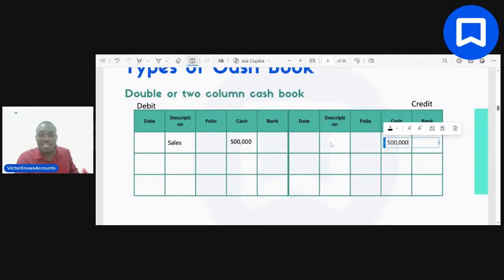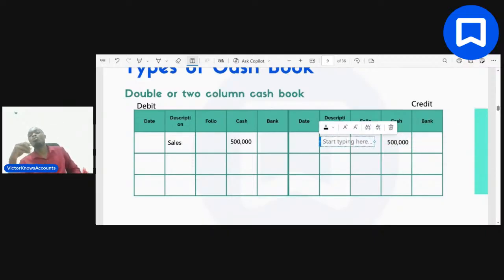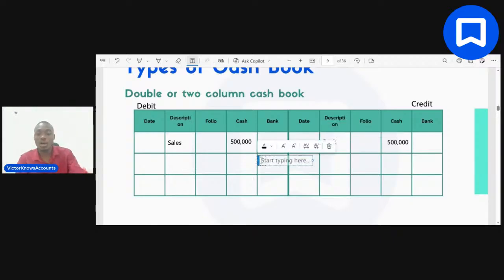Now, don't forget our description explains where that money is going to. If money is leaving cash, what did we use it for? We sent it to bank. So the description will be what? Bank. In that same account, you also have to come to the debit side, because bank has now received 500,000. So you say bank 500,000.